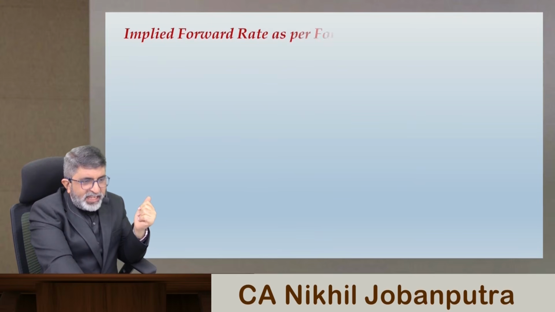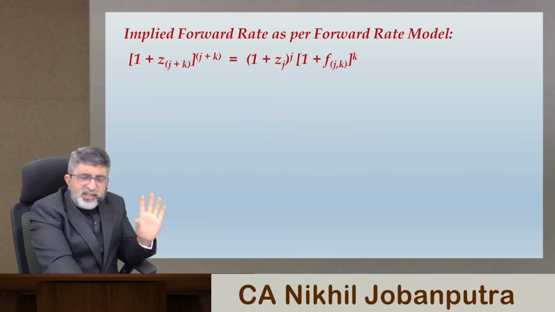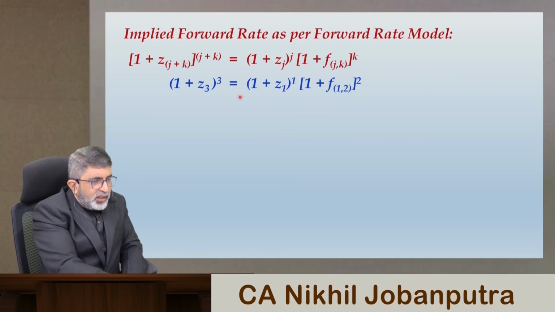Let's look at the equation. So implied forward rate as per the forward rate model. This is the same forward rate model equation. J and K are the symbols used, but in our case it is this. So 1 plus Z1 raised to 1, 1 plus Z3 raised to 3 and 1 plus F1,2 raised to 2. We actually want to find this value, correct?